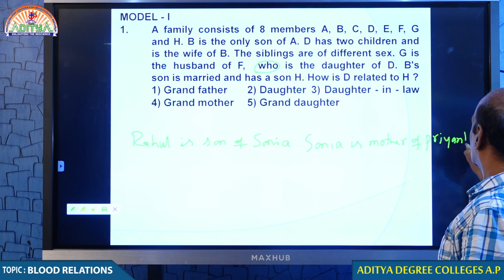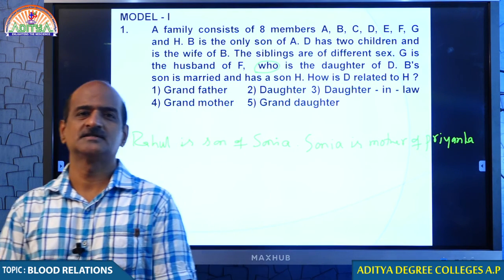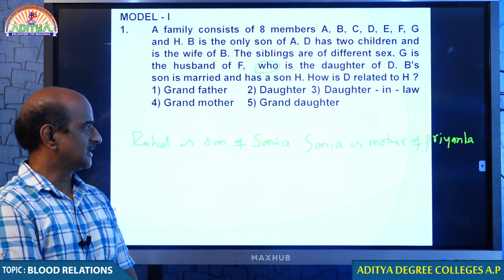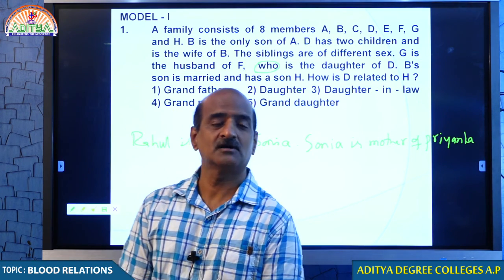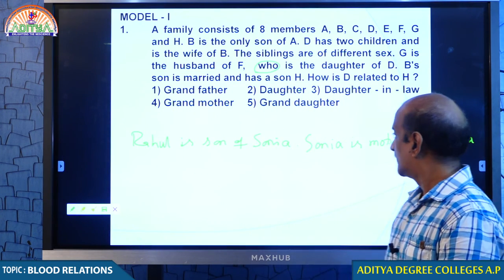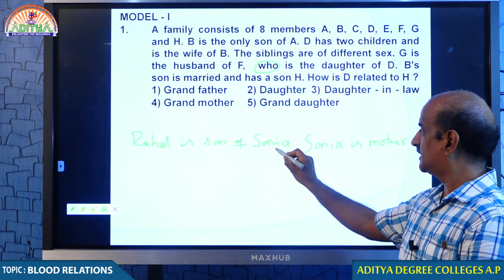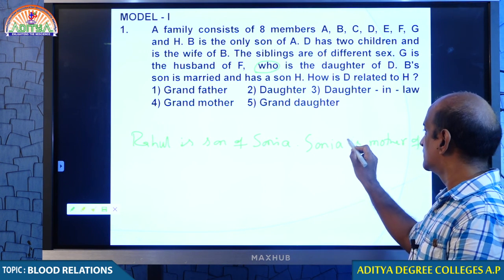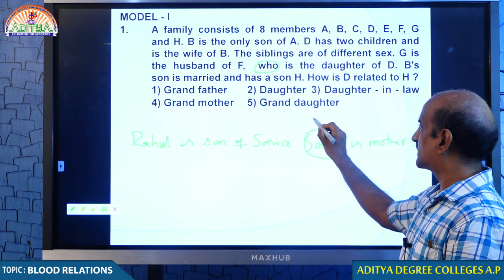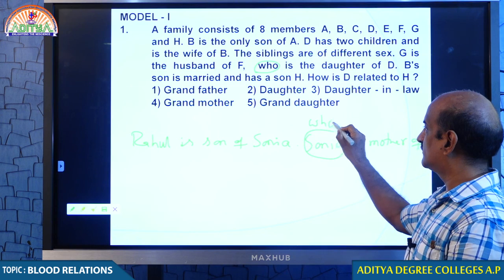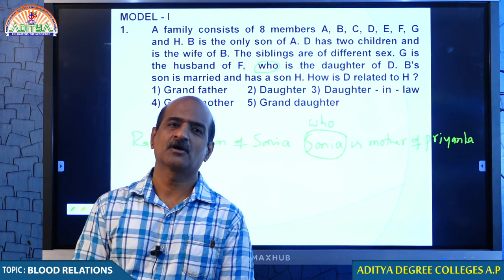Let me suppose that I have got 2 statements like this. One is Rahul is son of Sonia. Another one is Sonia is mother of Priyanka. When these 2 statements are given, it is not good English, because you end the sentence with Sonia and again you are using the word Sonia. So, whenever the same noun is supposed to be used, what is your practice? In place of Sonia, we use who. That is what we call reflexive pronouns.